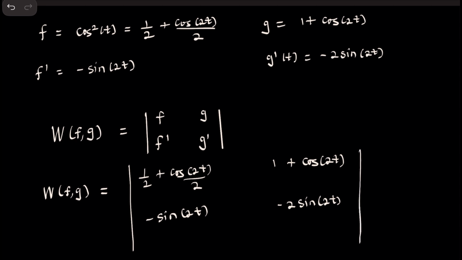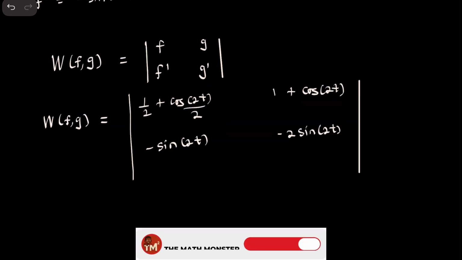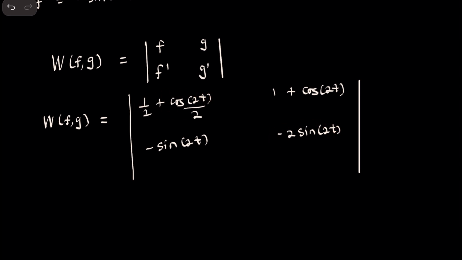Now let's compute this determinant. To compute the determinant, we are going to find the product of this and that. Then we subtract it from the product of these two guys. And so we are going to have the determinant to be equal to the product of 1/2 plus cosine of 2t divided by 2 and minus 2 sine of 2t, then minus the product of these two guys.